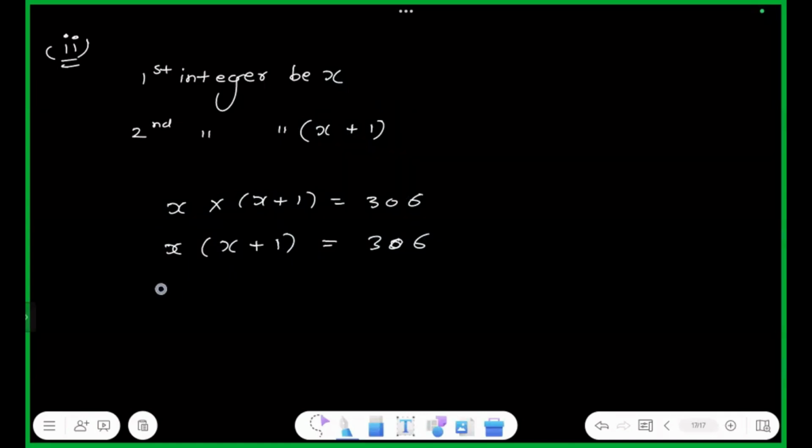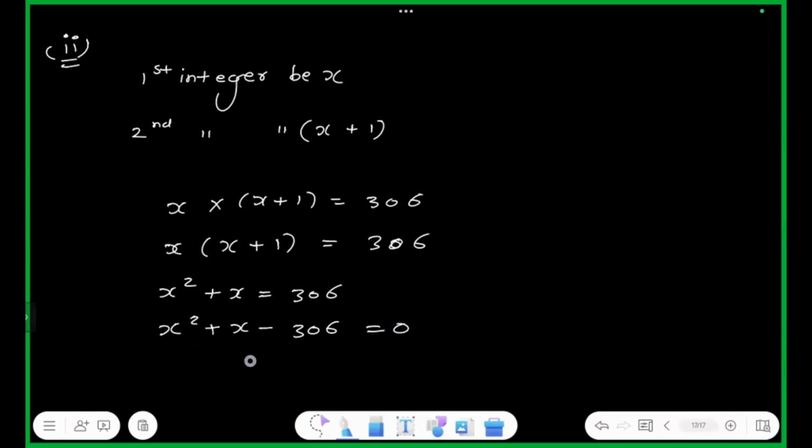Okay? Now x square plus x is equal to 306. Now I think you know what you have to do. x square plus x minus 306 is equal to 0. And now if you can see here, it is in the form of ax square plus bx plus c is equal to 0. I am writing here, okay?